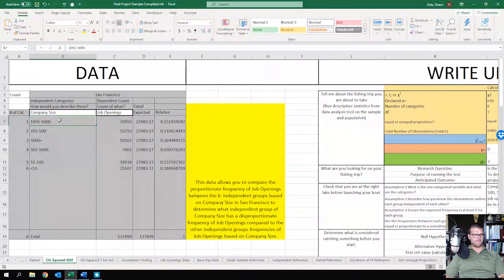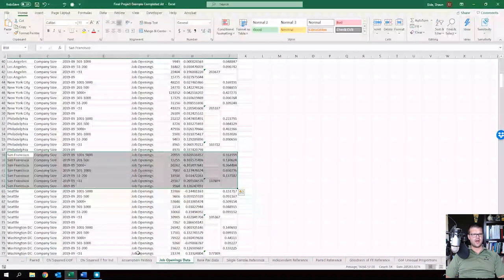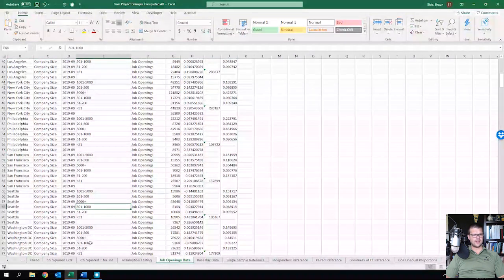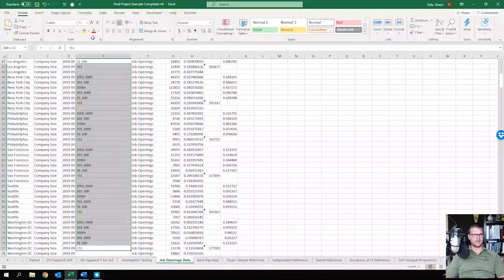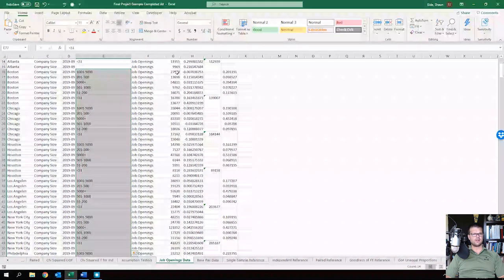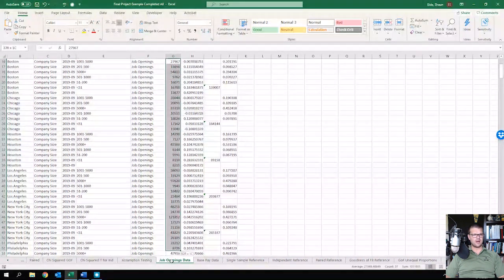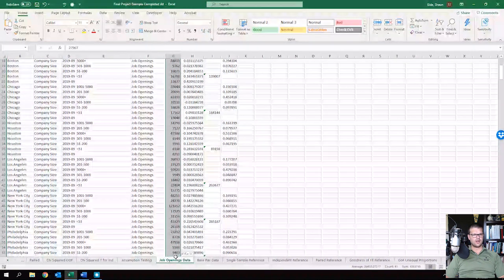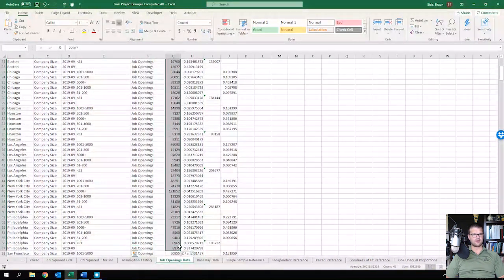So, right here we have an example of different company sizes, right? I have all of these different sizes of these companies. This is the original data set. And I have all of these sizes of the companies, and I have the number of job openings that go right along with the size of the company.